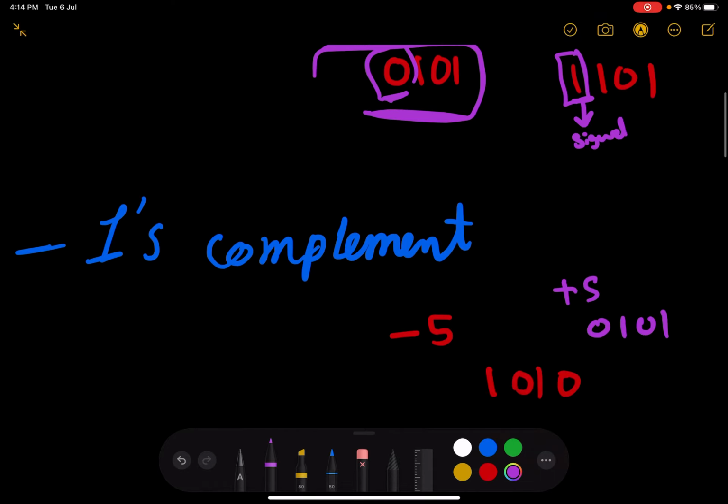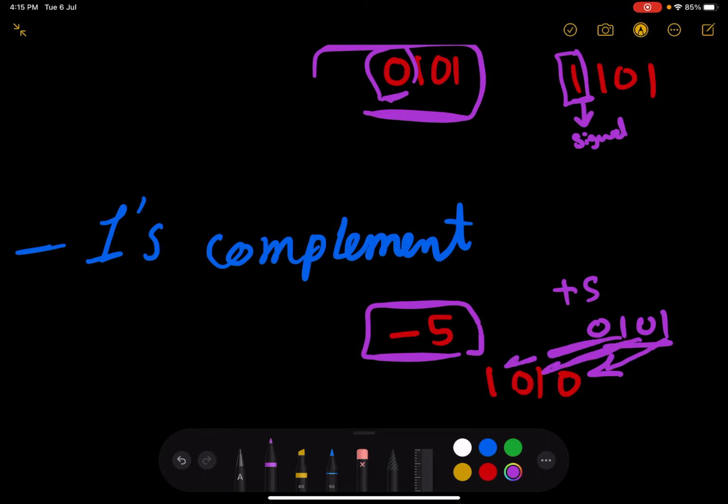For the ones complement, when we want to represent negative 5, we change every 1 in the positive number to 0 and every 0 to 1. As you can see, the 1 became 0 and the 0 became 1, and so on.